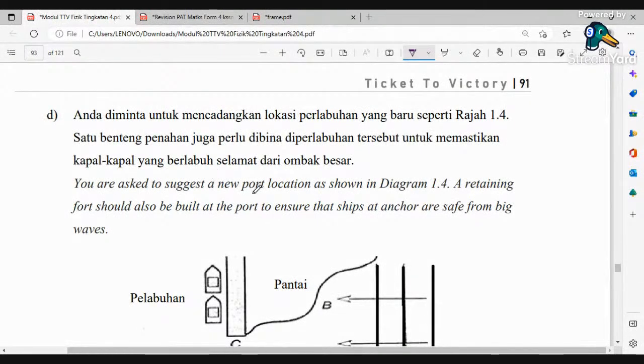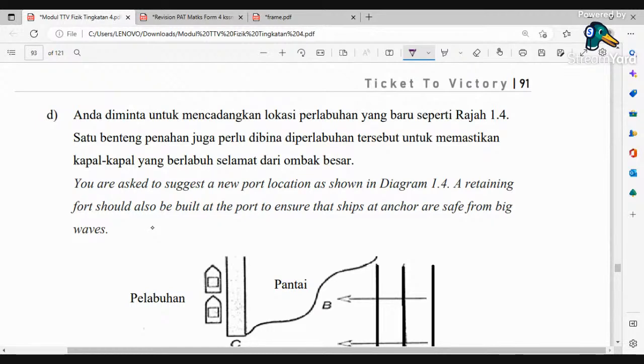Okay, part D, you are asked to suggest a new port location as shown, with a retaining wall.